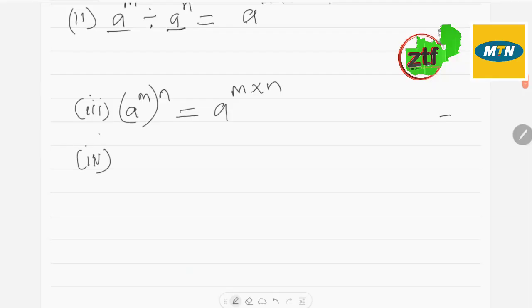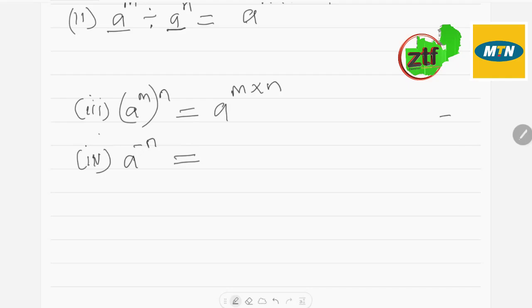The other rule that we can look at is rule number 4. The numbering of the rules can differ. What's important for you is to know what the rules state and how best you can apply them in solving simple questions on indices. If we have a exponent negative n, this is a negative index, you need to express it as a positive index.